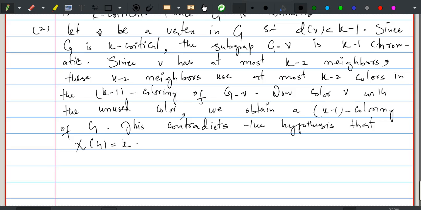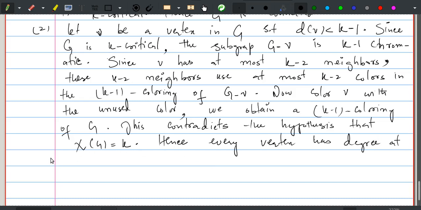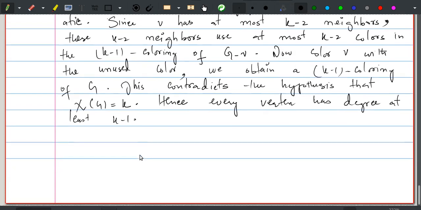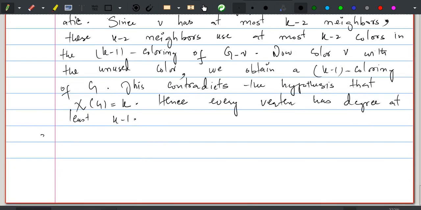Hence every vertex v has degree at least k minus 1. Hence every vertex has degree at least k minus 1. So this proves the second item.